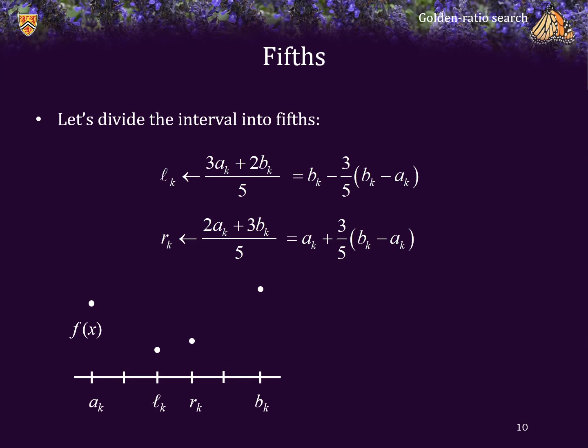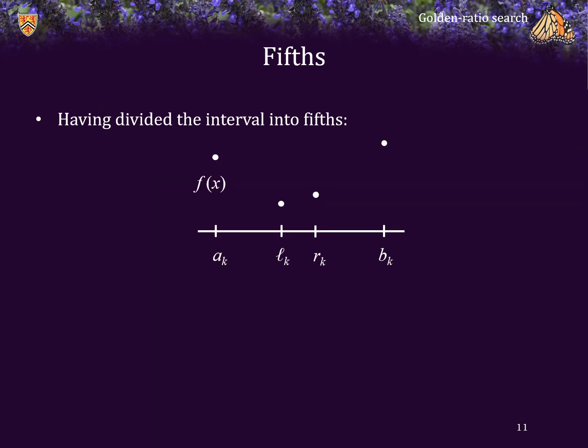All right, now we can do exactly the same thing we did before. Compare the value of the function at both the left interior point and the right interior point, and that will tell us if we're to restrict the interval to a sub k to r sub k or L sub k to b sub k.